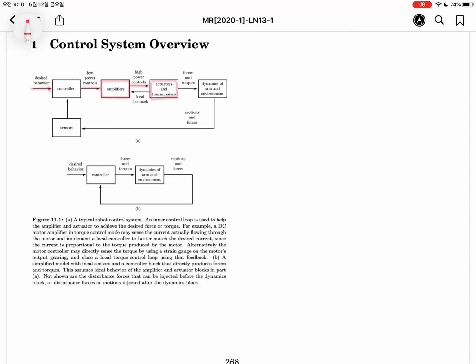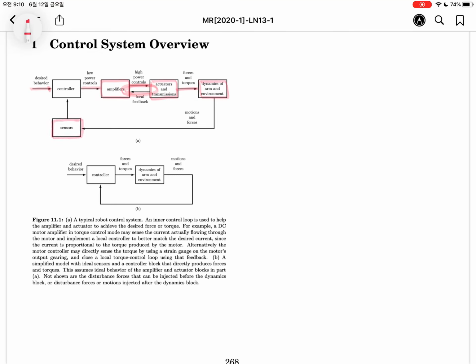At that time, the electric current will be fed back to the amplifier. So this loop will perform the electric current control in a very fast way. And then the actuator will provide the motion or force or torque to the dynamics of the robot system and the environment.